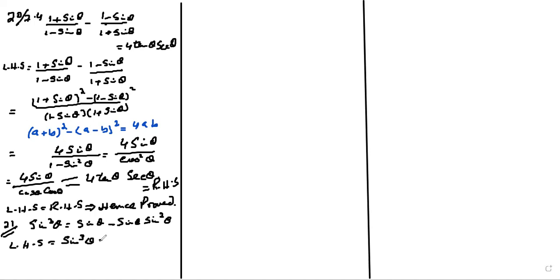We can write it as sine theta times sine square theta. Now sine square theta equals 1 minus cosine square theta.